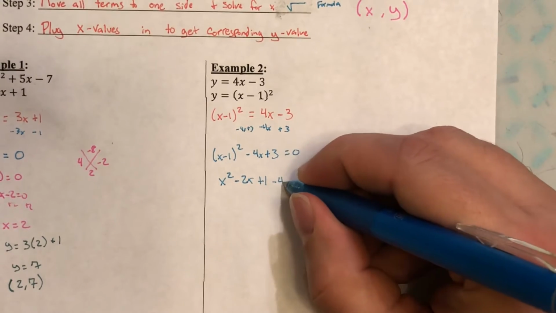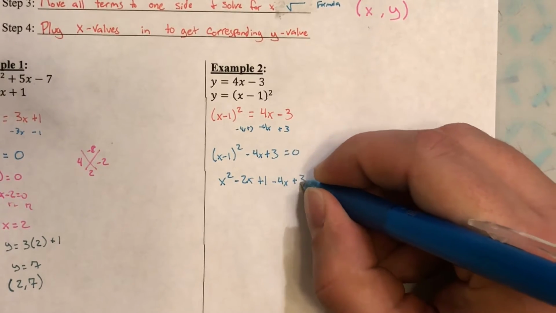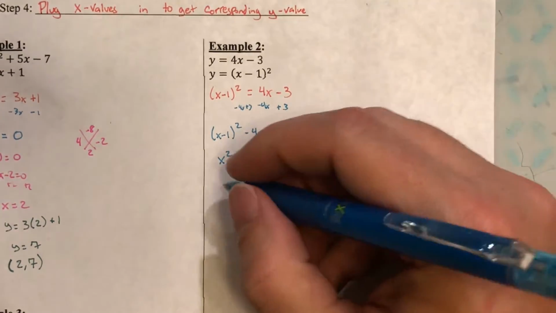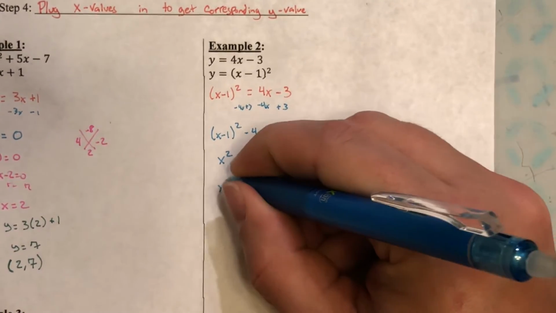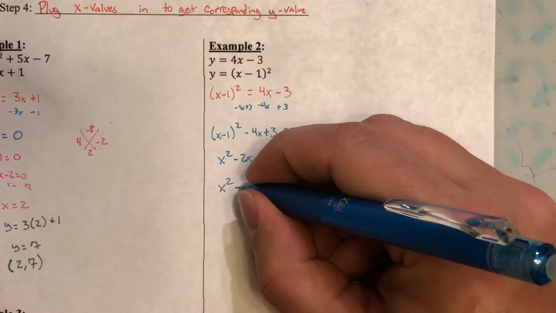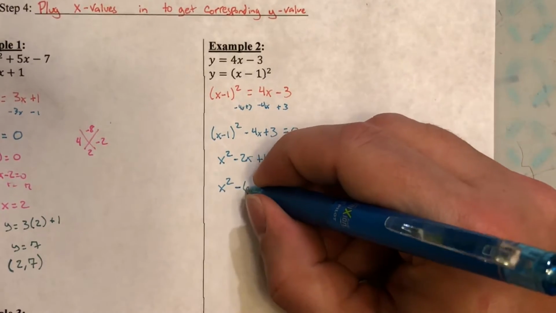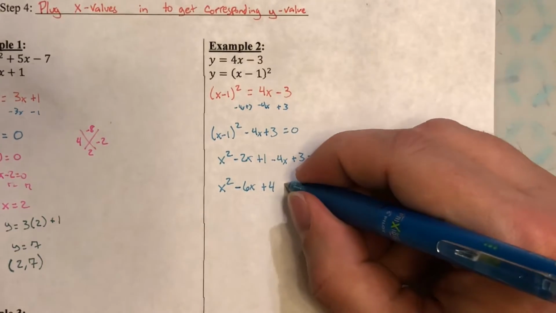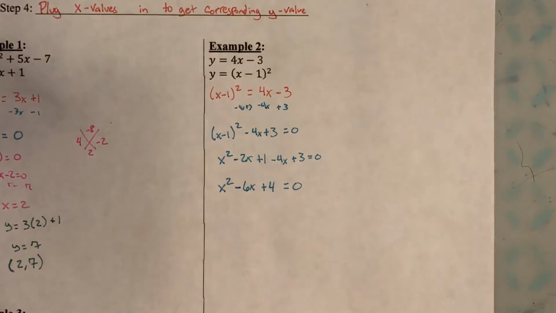So then I have minus 4x plus 3 equals 0. Combine my like terms. I have x squared minus 6x plus 4 equals 0.